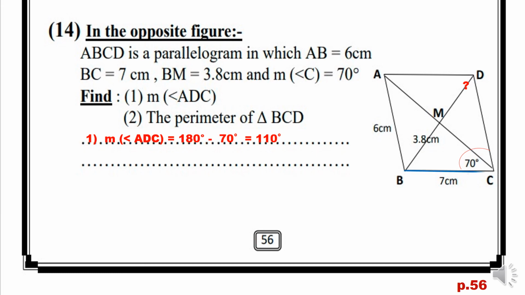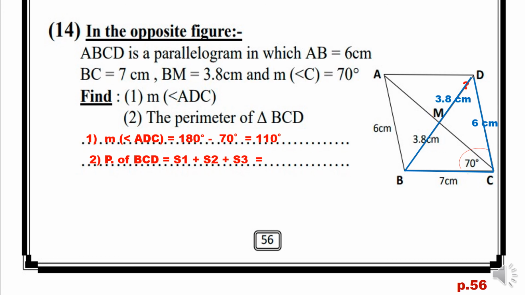And the perimeter of triangle BCD equals side plus side plus side. I have the first side BC is equal to 7 centimeter. The second side CD is equal to 6 centimeter. It's equal to AB, as each two opposite sides of the parallelogram are equal in length. And the last side DB is equal to 3.8 plus 3.8, as BM is equal to DM, as the diagonals bisect each other in the parallelogram.